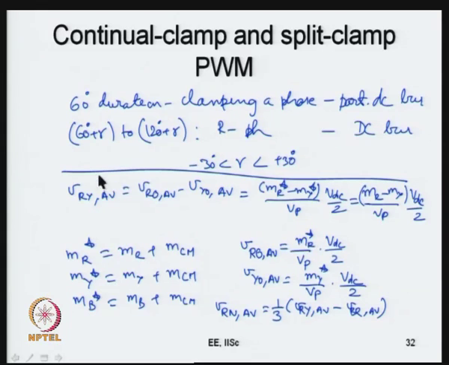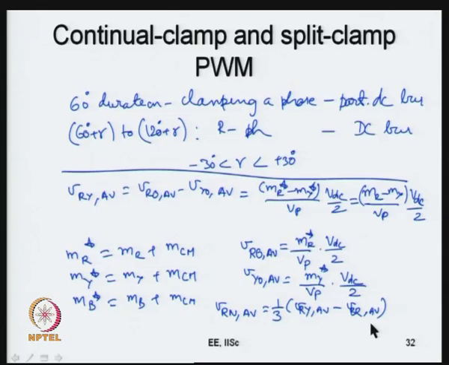So, the average line to line voltage does not have any common mode component, and if you consider the load to be a 3 phase star connected load as RYB with a load neutral N, and the load neutral N is not connected anywhere and the load is balanced, then you can write this VRN average in terms of VRY average and VBR average, because your VRN is actually equal to 1/3 of VRY minus VBR. So, VRN average is 1/3 of VRY average minus VBR average.